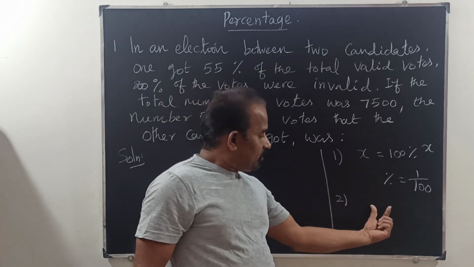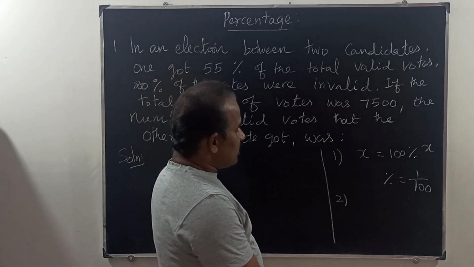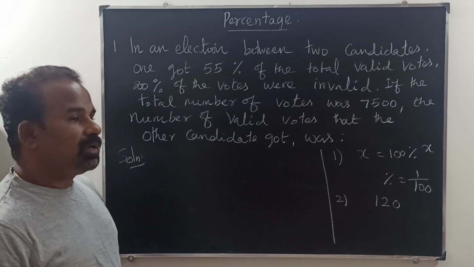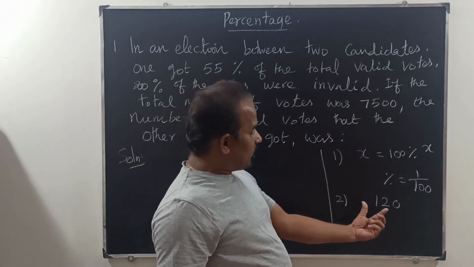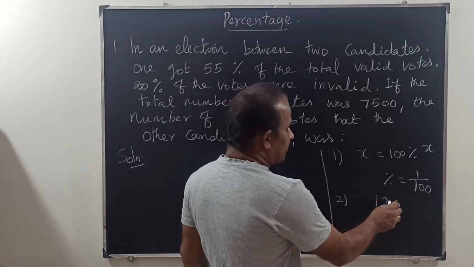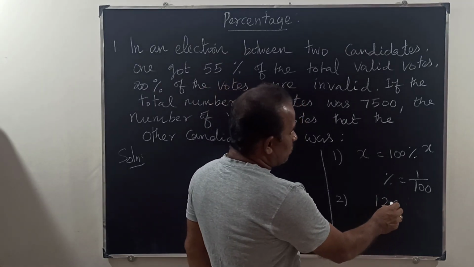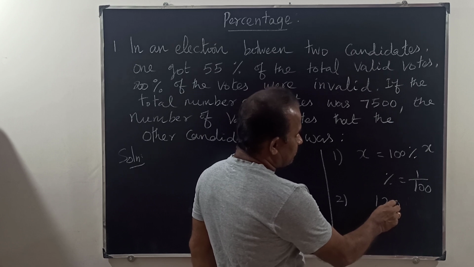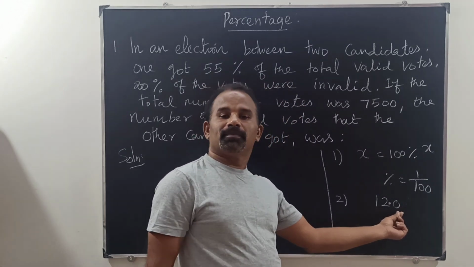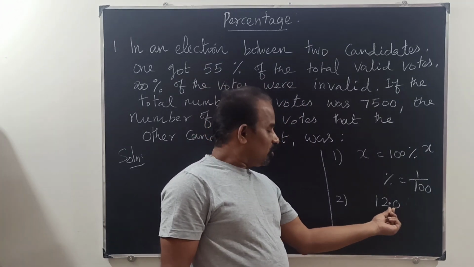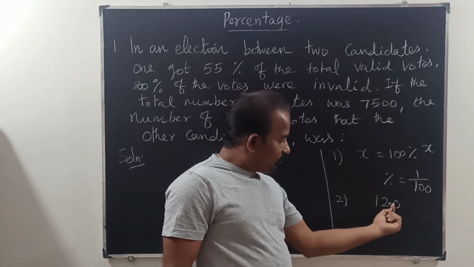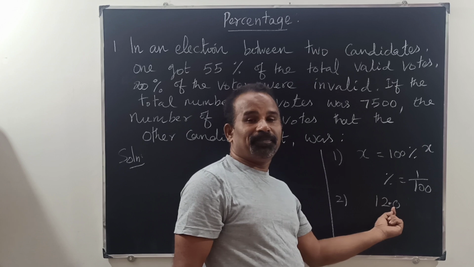Second concept, calculating the percentage. Suppose I have 120. What is 10% of 120? To calculate 10%, you have to make a dot after one digit from the right.